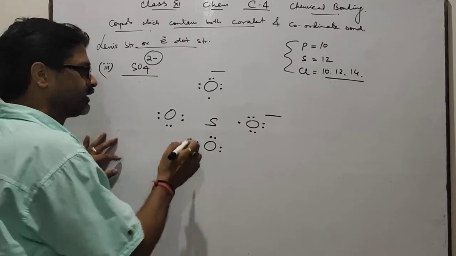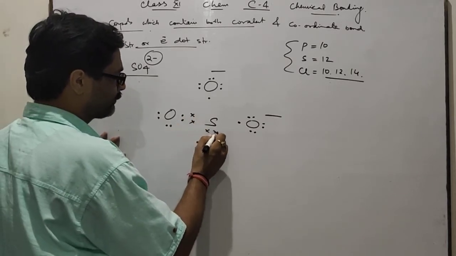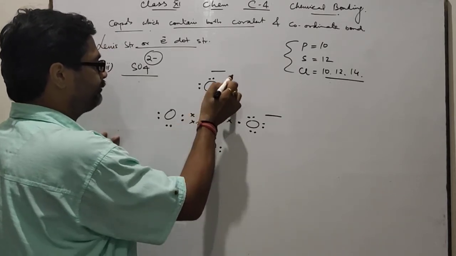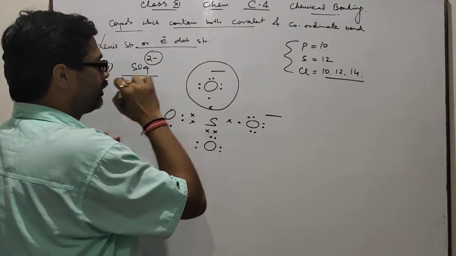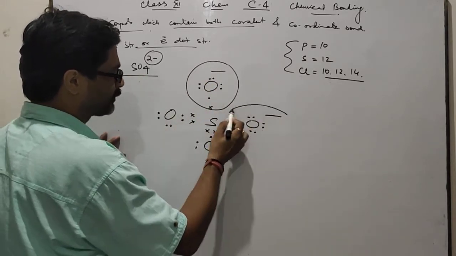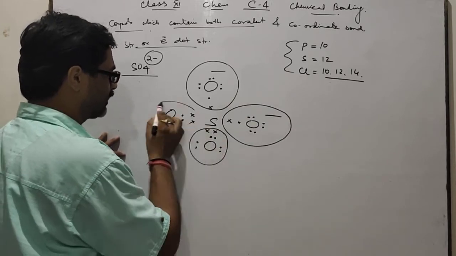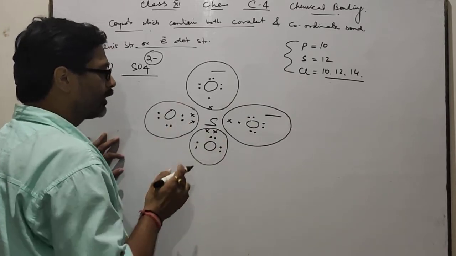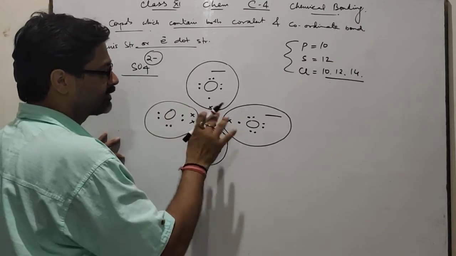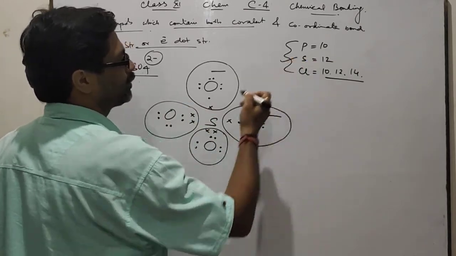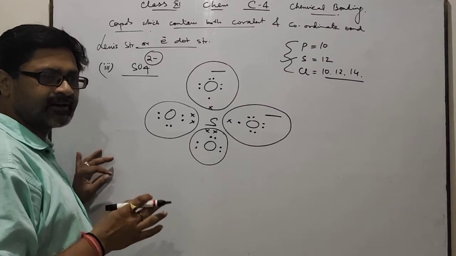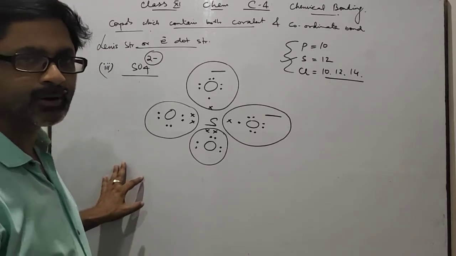Sulfur contains 6 valence electrons, you know that. In this way, this oxygen can complete its octet. This oxygen also completes its octet. This oxygen also completes its octet like this. How can sulfur complete its octet or more than octet? Sulfur is an element which can complete more than an octet.